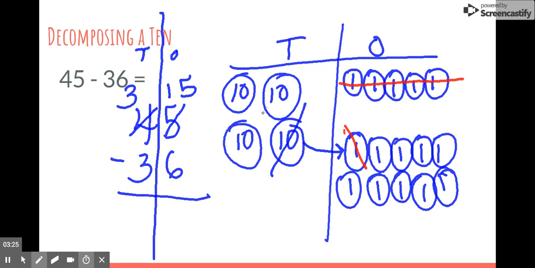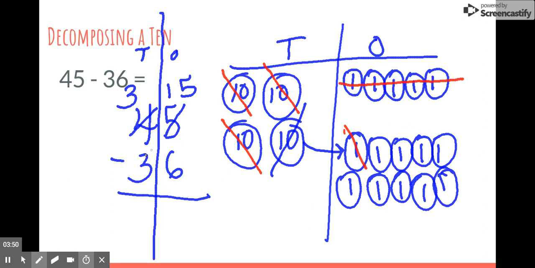And I no longer had 4 tens because I decomposed one. So it's almost as if that's not there anymore. But I have to really be mindful that I have to take away 3 tens. I have to cross off 3 tens. Some kids will try to include this, and we really got to get them thinking, oh yeah, well, that's already crossed off. I can't cross that off again.